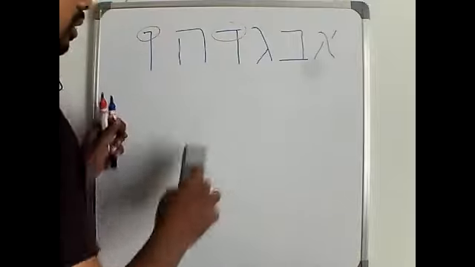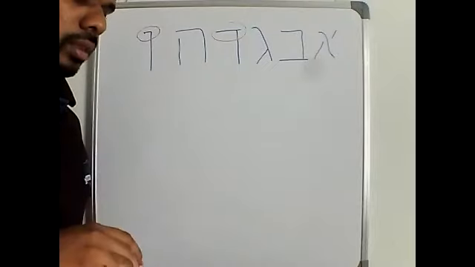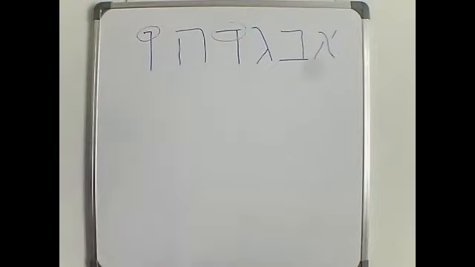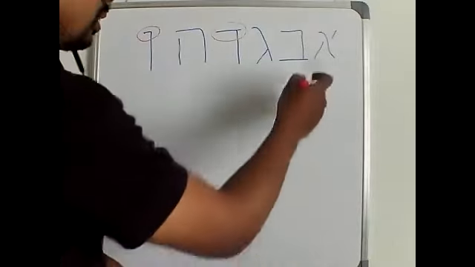Now, these are consonants. Only by adding some vowels can we form words. These are just consonants.